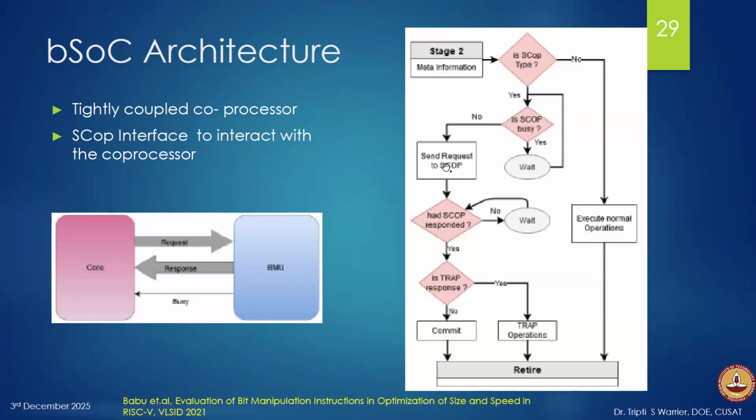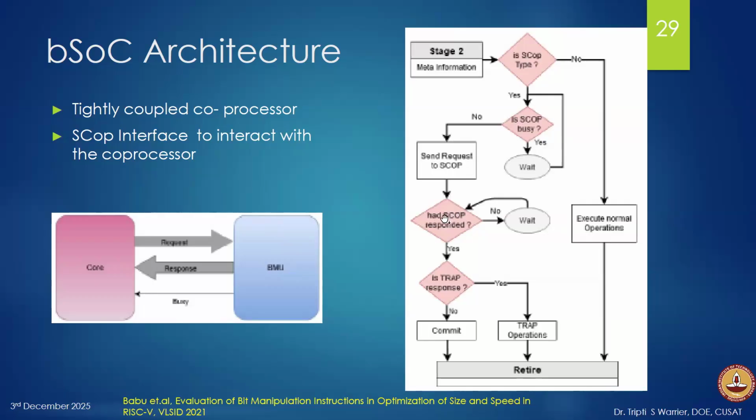What do I mean by sending the request? You will send the instruction and the operands required for execution of this instruction through the SCOPE interface, which will be accepted by the bit manipulation coprocessor. Execution of that will happen, and then your response will be available. If no response is available, you wait for the response.